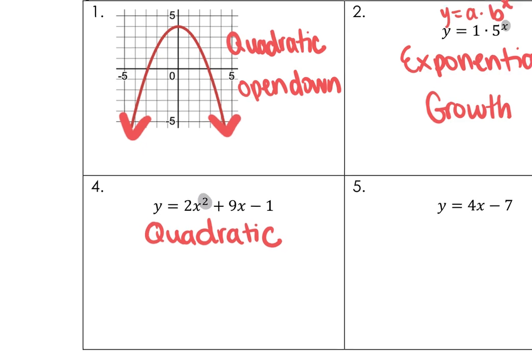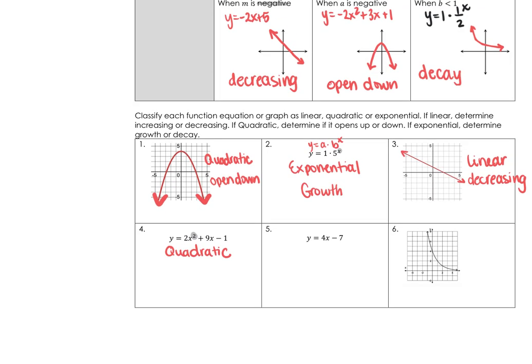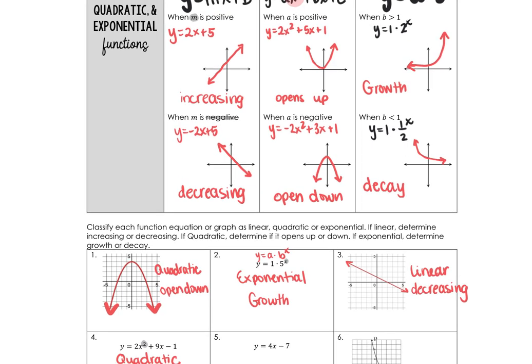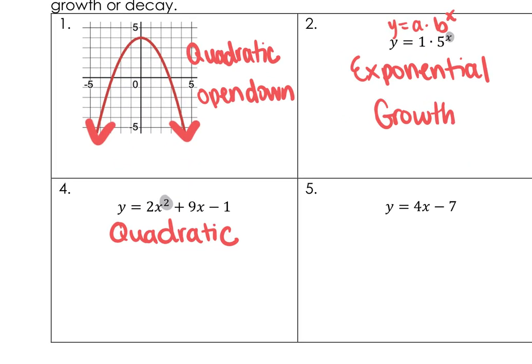And then, since it's quadratic, we have to determine, is it opening up or is it opening down? So we're looking at this leading coefficient. This leading coefficient is a positive 2. Since the leading coefficient is a positive 2, that graph is going to open up. So I'm finding that right here. A is positive, this leading coefficient is positive, so this graph is opening up. So this is going to be a U-shaped quadratic graph that opens up.